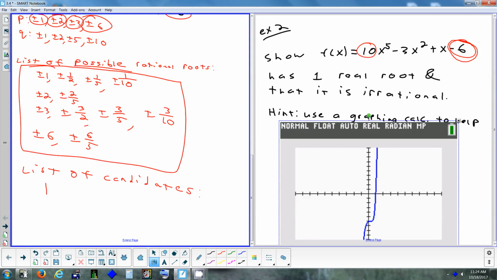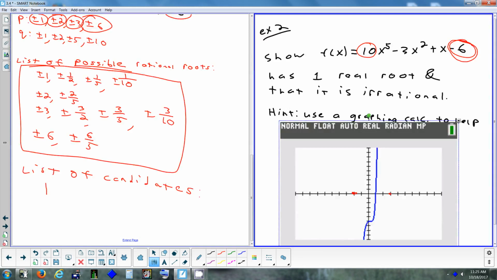No, it doesn't even look like it gets anywhere close to -1. How about 1/2 or -1/2? Not really. It's not really close to that. Positive or -1/5? Positive or -1/10? No. How about plus or minus 2? No. -2 would be over here. Positive 2 would be over there. It doesn't look like it's anywhere close.